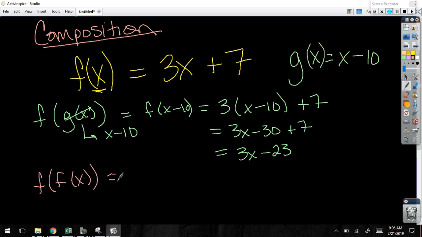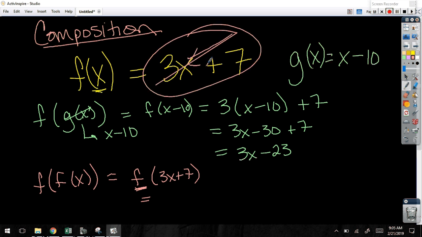Everywhere there's an x, replace it with 3x plus 7. So 3 times 3x plus 7, plus 7.